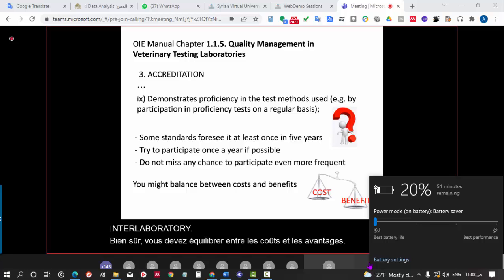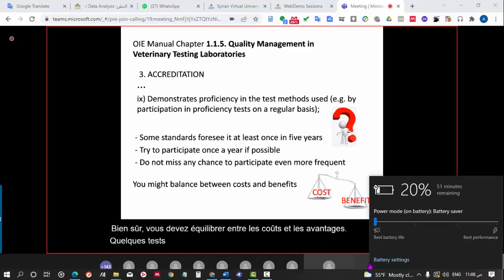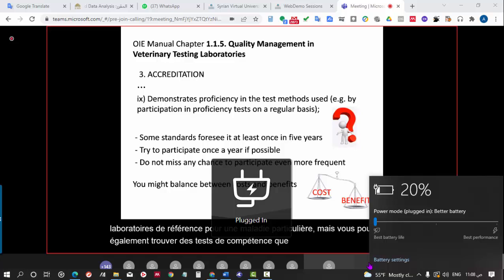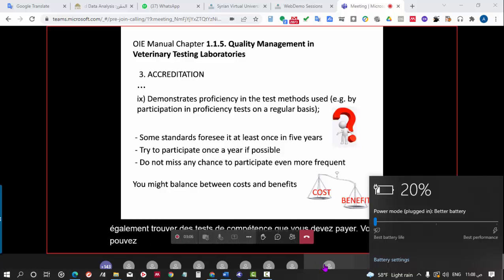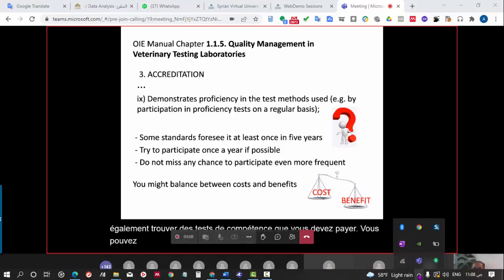Some proficiency testing are free of charge and are sent from reference laboratories for a particular disease, but also you can find proficiency testing that you have to pay. You can go to Google and just click EQA, External Quality Assessment, and you will see offers where you can participate, but you have to pay that.